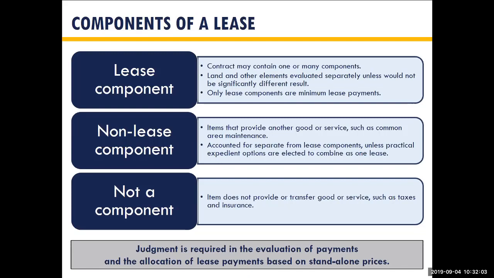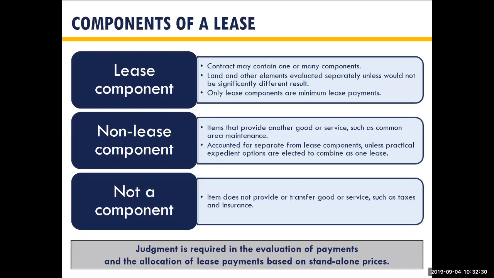The other thing to think about is the non-lease components. So a great example here, you're renting that office space and you have the payment that's for the actual office space. That's going to be included as a lease component. That's going to be in the liability, but those common area maintenance charges would be accounted for separately. And so those would just be a period cost and expensed as they're incurred.